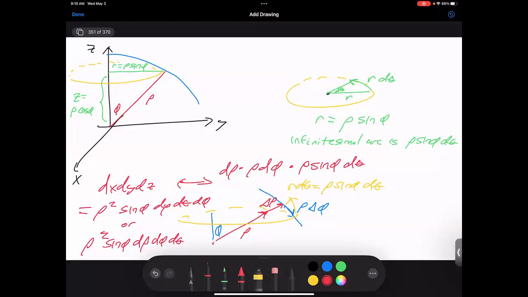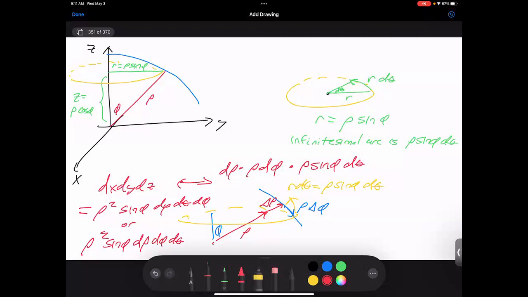The sine of phi, that's harder. And the reason we have a sine of phi is if we look at the circle we have, parallel to the xy plane, the radius has been reduced a little bit. Now, if you think about it, where is the radius reduced the most? For which value of phi is the radius going to be smallest? Zero.